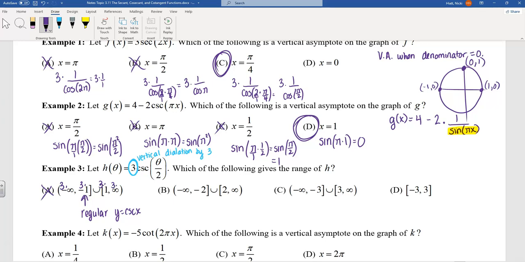What is 3 times negative infinity? Still negative infinity. Then I'll get a -3, a +3, and another infinity, right? So C is going to be your answer for that. That 3 is not necessarily called amplitude, but it's the amplitude of the sine function that goes with it, so it makes that gap wider.